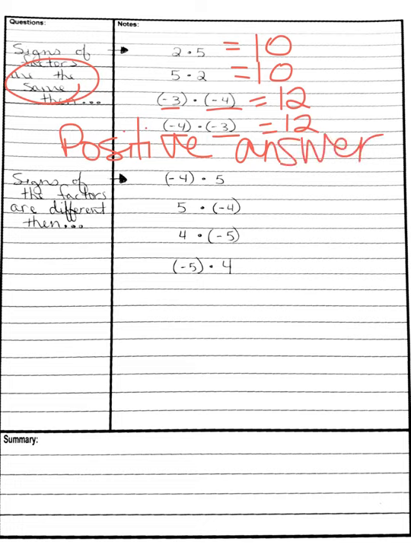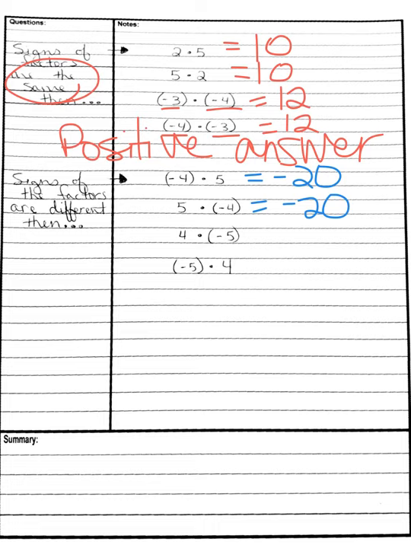And we also saw or looked at that if the signs are different, so if I have a negative 4 times a positive 5, I actually get a negative 20. The 4 was negative, the 5 was positive. We had a negative and a positive, different signs, negative answer. 5 times negative 4 is a negative 20 as well. Again, commutative property. Now we have a positive 4, but the 5 is negative.